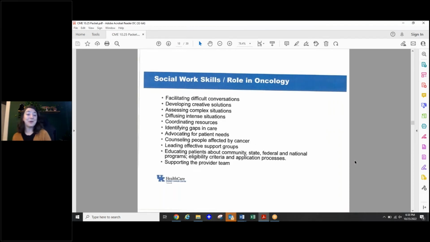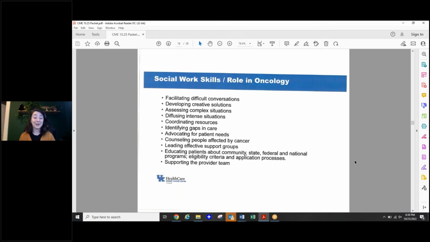So just an overview of what some of the social work skills can look like within the role of oncology. And I'm not going to read each of these, because it sounds like you all have access to this presentation. But just some of the things that we can do: facilitating difficult conversations, looking at complex situations, meeting with patients to assess what's going on and meet with them where they're at to help navigate those complex situations, and act as an advocate for the patient and the care team.